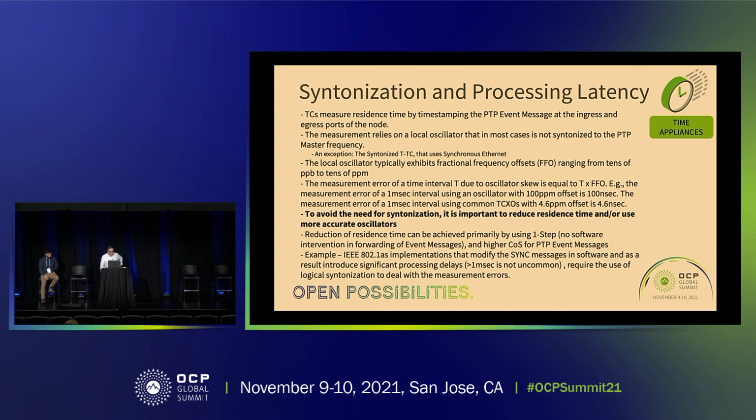So I think we talked about the issue of processing latency and the distinction between one-step, which tends to be lower latency, versus two-step, which tends to be much higher processing latency. One of the implications of that is on the performance and accuracy of the transparent clock.